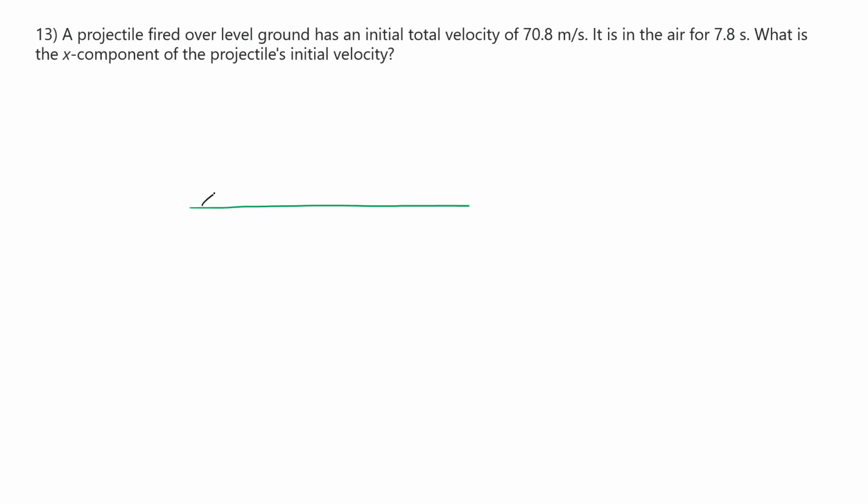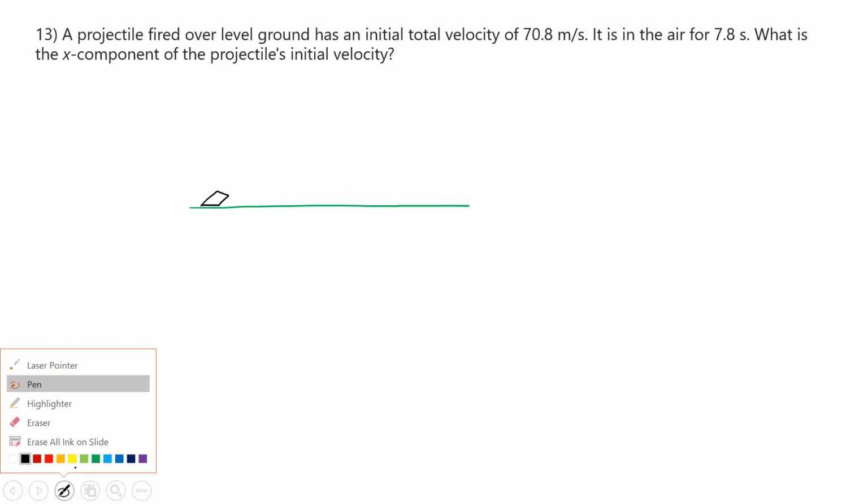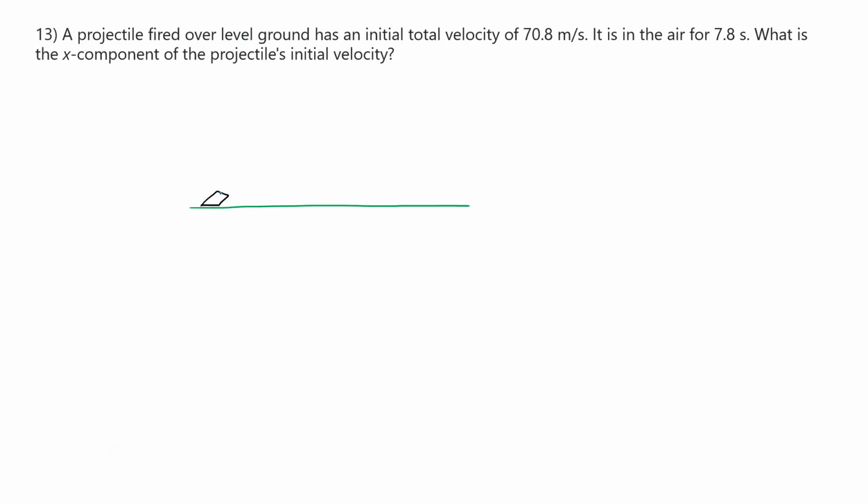And let's assume that this is a cannon or something. And inside the cannon is a ball. And that thing's going to get shot out of here at 70.8 meters per second. So that's the initial velocity.